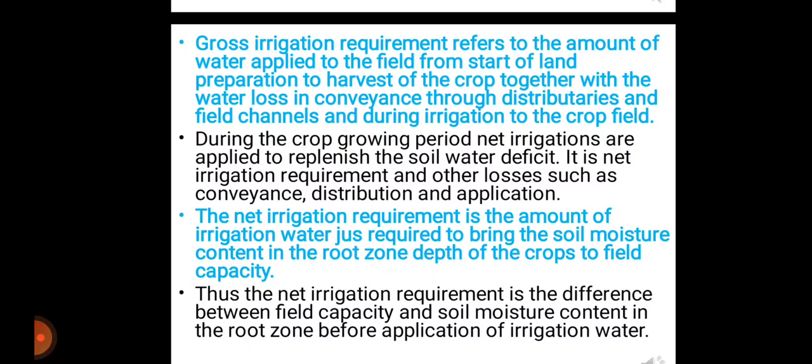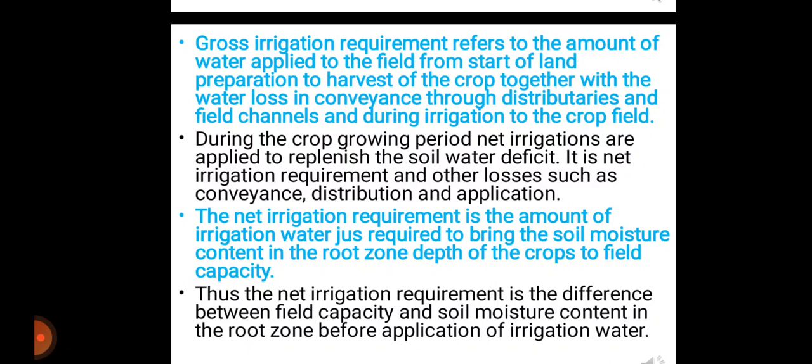So these are all losses that come under that. During the crop growing period, net irrigation is applied to replenish the soil water deficit. It is net irrigation requirement plus water losses such as conveyance, distribution and application.